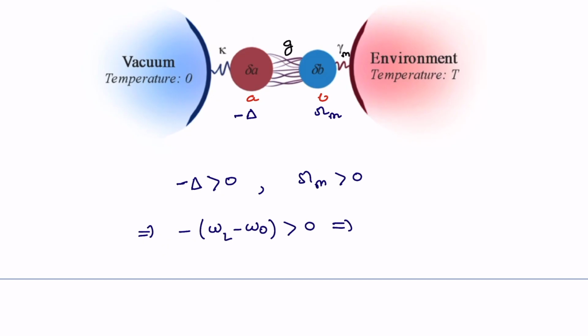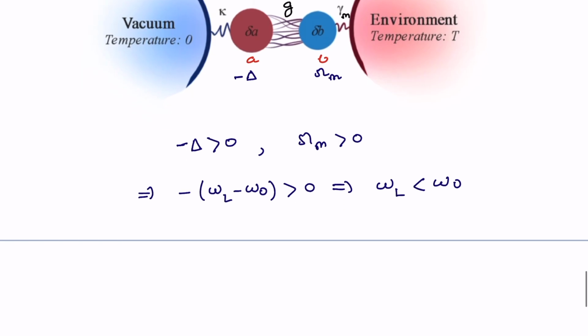That means we should have omega L less than omega 0. That means the laser radiation has to be red detuned. If the laser is red detuned, then we can have this situation. We have a positive optical oscillator and a mechanical oscillator, and when they couple to one another, the temperature of the mechanical oscillator basically drops down, and this is the phenomenon called optomechanical cooling.